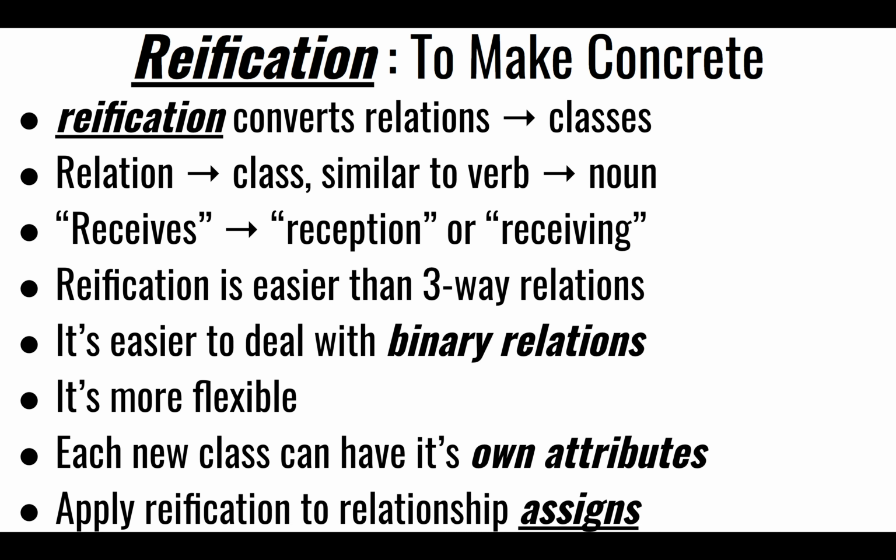And then it converts something into what is easy to represent as many binary relationships. So the three-way non-binary relationship of students, sections, and grade was converted into multiple one-to-many relationships.